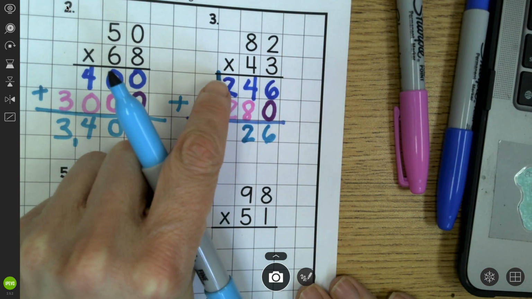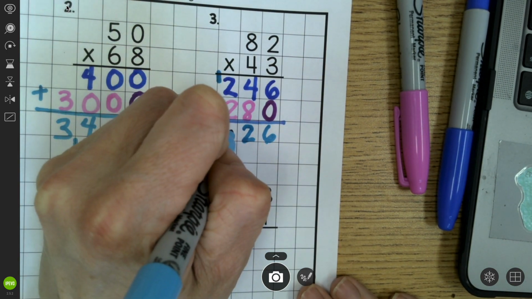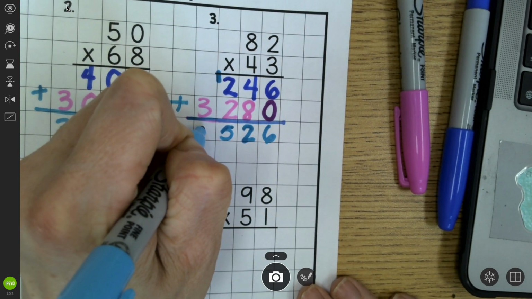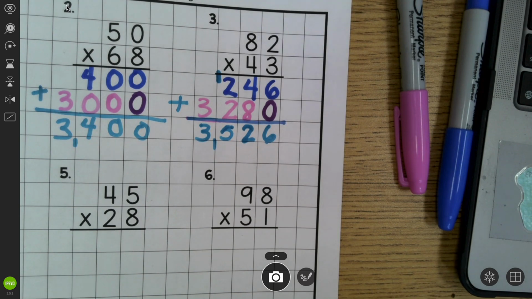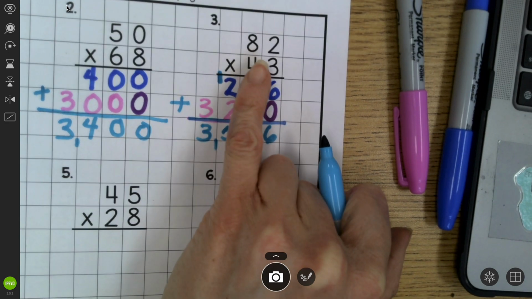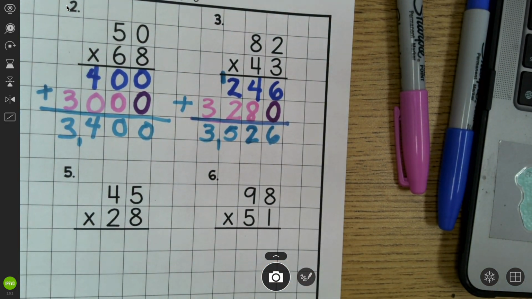Then I have 2 plus 2 plus 1. 2 plus 2 is 4. 4 plus 1 is 5. And 3. 3,526 is our product. Okay? So 82 times 43 is 3,526.